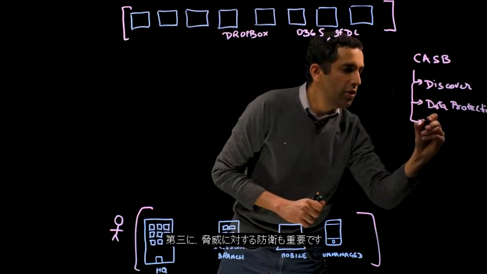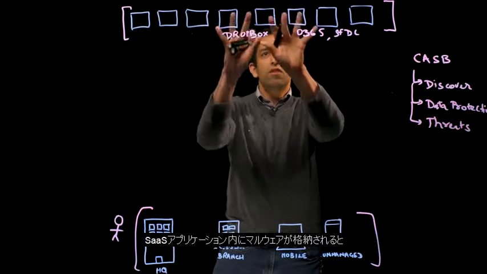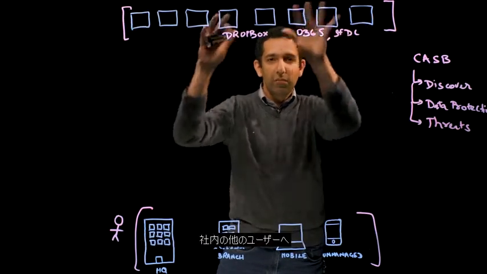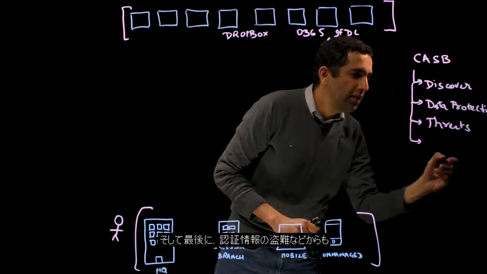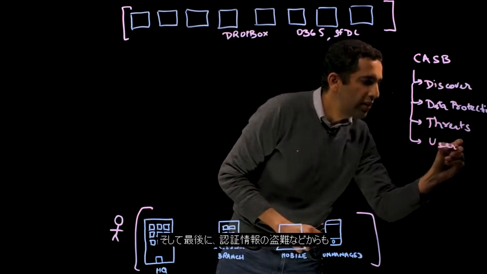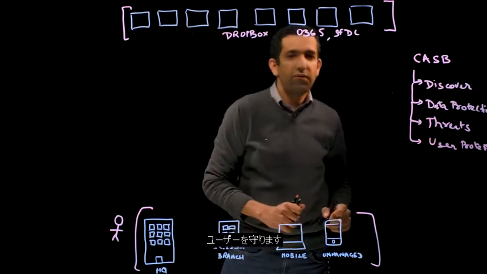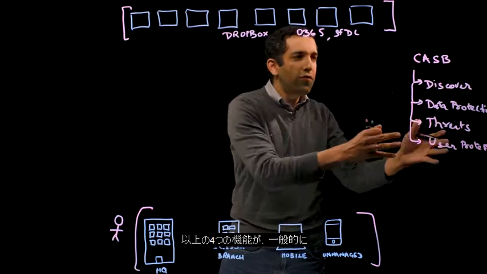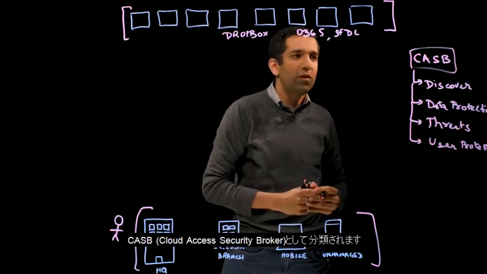Third, you want to be able to protect from threats, like malware that may be stored in SaaS applications and that may get distributed to other users within your company. And then finally, you want to be able to protect the user from things like credential theft. So these four functions are typically classified as CASB, or Cloud Access Security Broker.